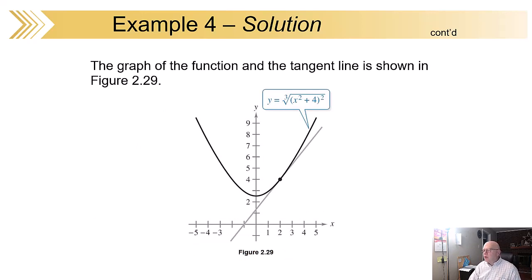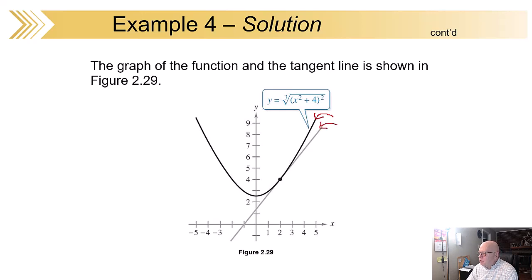And here's, to me, one of the fun parts of calculus, or geometry, or pre-calculus, whatever you want to think of it. Here's our original function, there's our curve, and here's the tangent line.